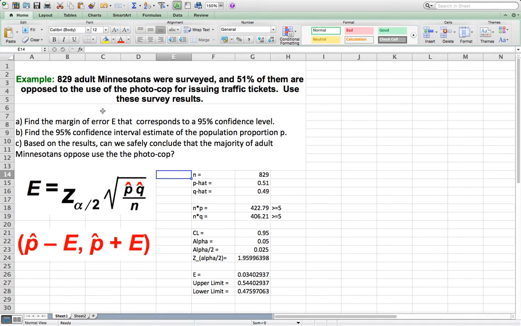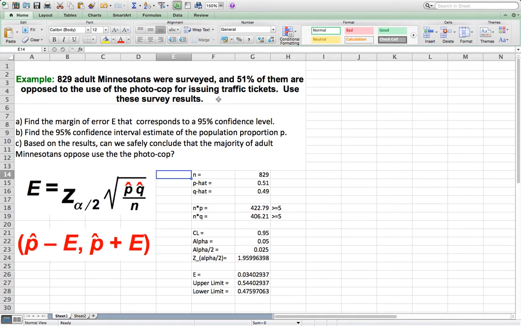Yes, each person either opposes the use of the photocopy or agrees to its use, right? Only 2 outcomes. And fourth, the probability remains constant for each trial. Yes, each person has a 51% chance to oppose and a 49% chance to agree. So we verify that the conditions for the binomial distribution are satisfied.